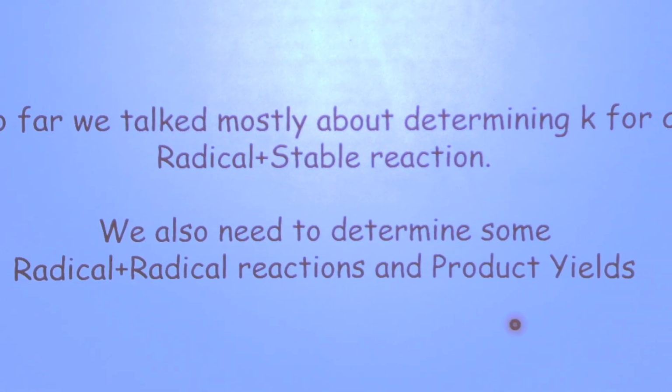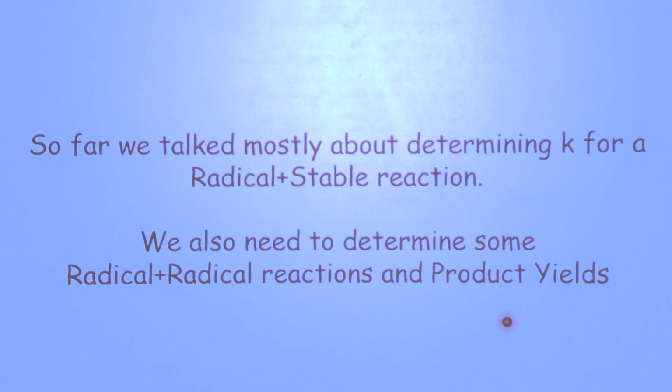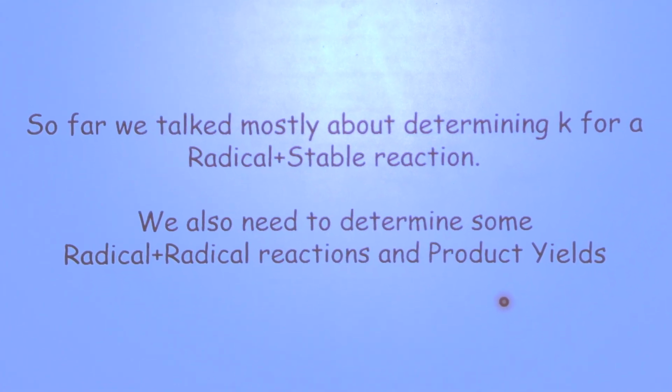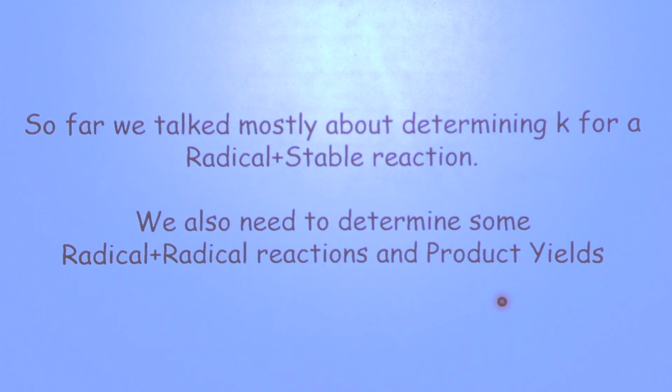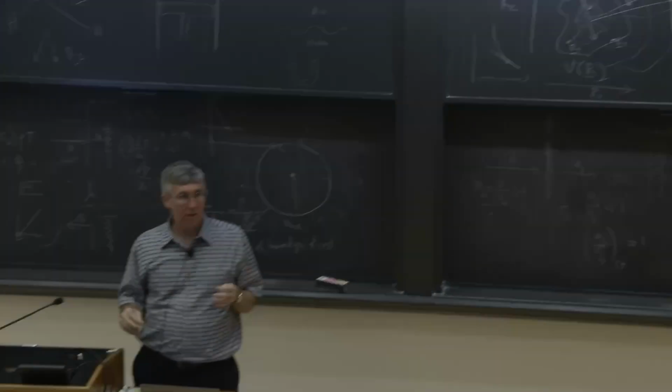And then you also need to know products. Often when two species react, particularly if you have big molecules with some reactive sites on them, there's typically more than one way that they can react and make more than one product.